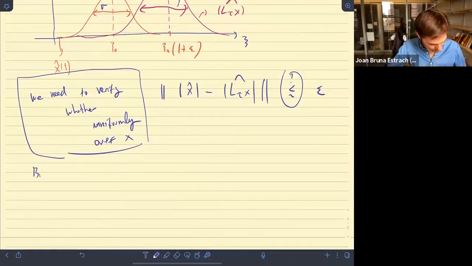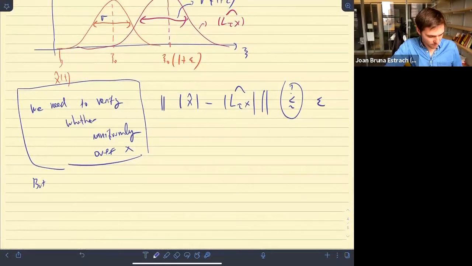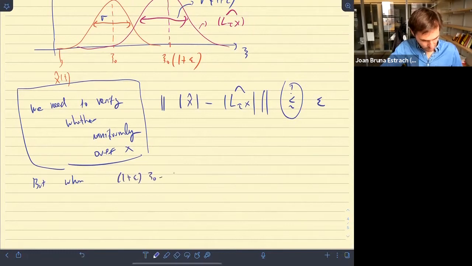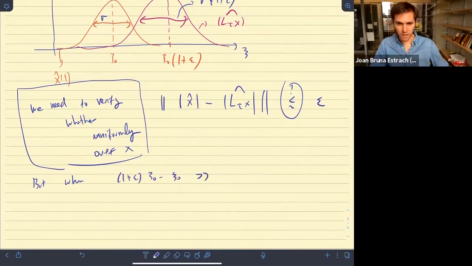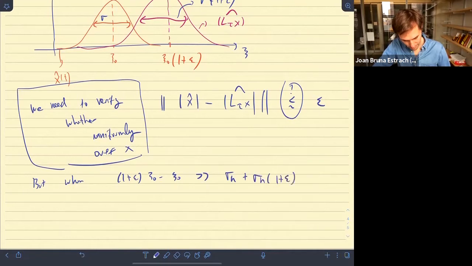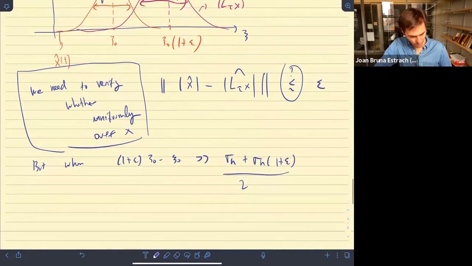So in other words, basically what happens is that when the difference between the two central frequencies, so when (1 plus epsilon) psi 0 minus psi 0, is much bigger than the sum of the two bandwidths, sigma over 2 plus sigma (1 plus epsilon) over 2, right?